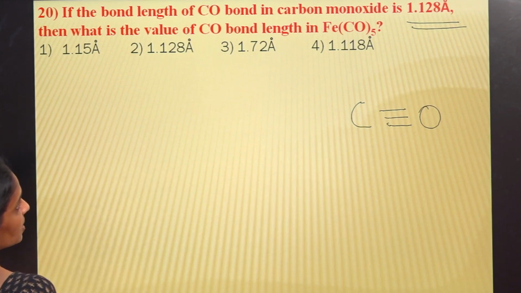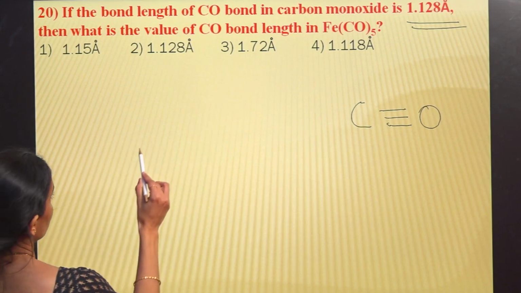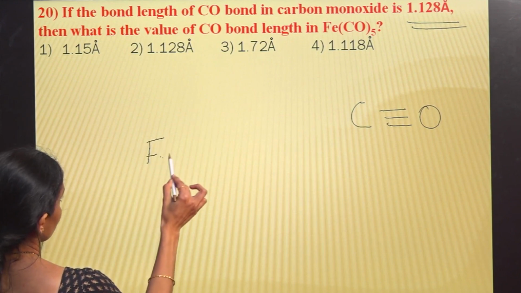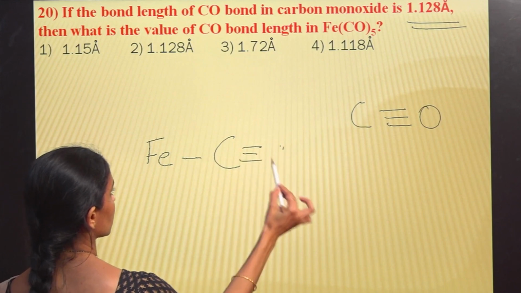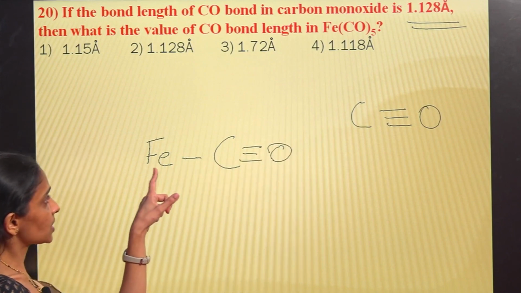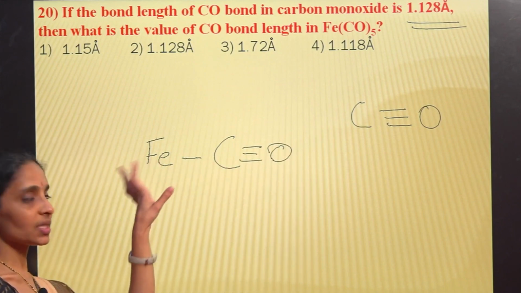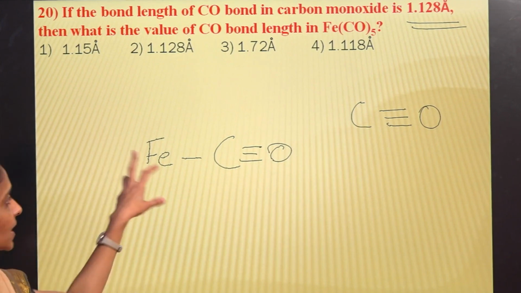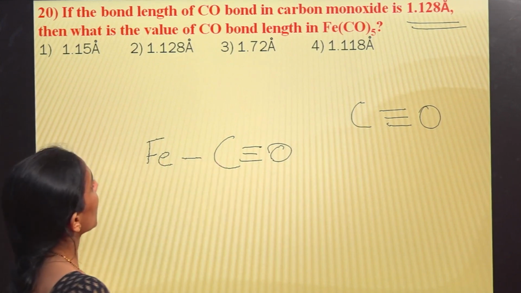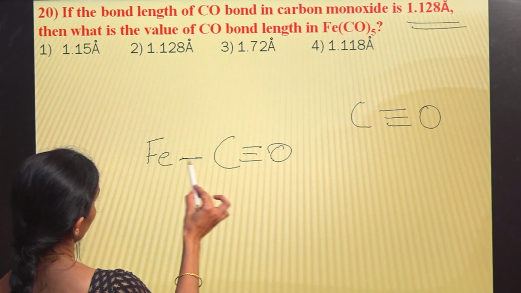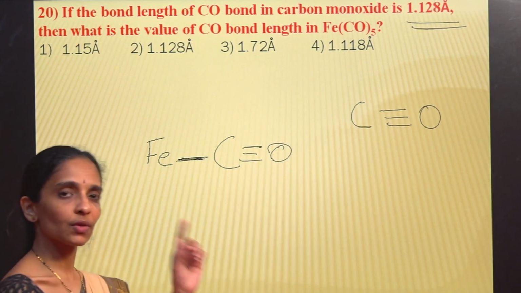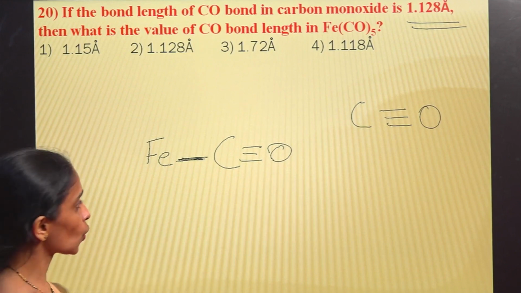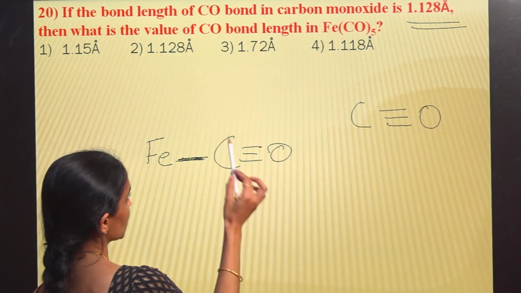What happens in the case of iron pentacarbonyl? There is a bond between iron and carbon. Metal carbon bond comes, and because of the presence of this metal carbon bond, as already told in one of the previous questions, this particular bond becomes weak.